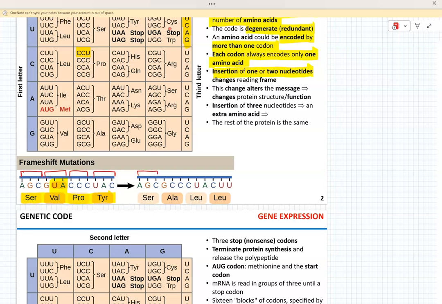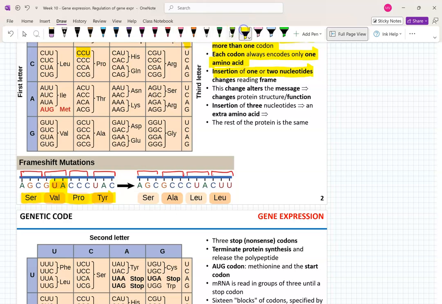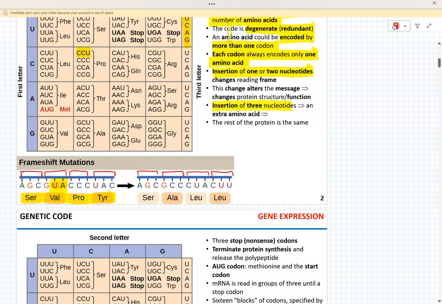Only the first triplet that encodes serine remains. Everything else becomes dramatically different due to the frameshift. However, if 3 nucleotides are inserted into the sequence of DNA or RNA, it simply adds an extra amino acid, but the rest of the protein, in terms of its amino acid composition, remains the same.